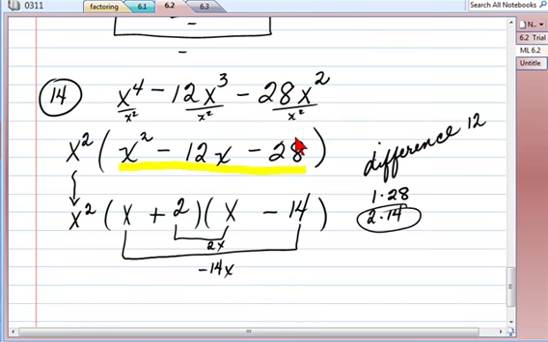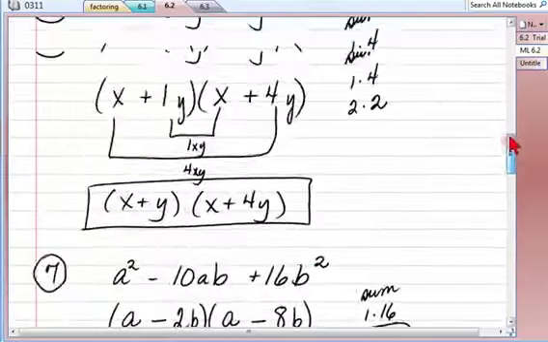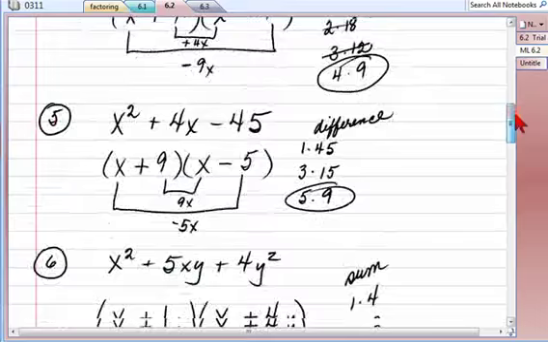Now, a characteristic that every trinomial in this section had was that when it came time to do trial and error, the coefficient of the squared term was a 1. Maybe it didn't start out as a 1, like number 10 did not, but by the time you got the greatest common factor out, the leading coefficient was a 1. What that did was make it so much easier to figure out what to choose.